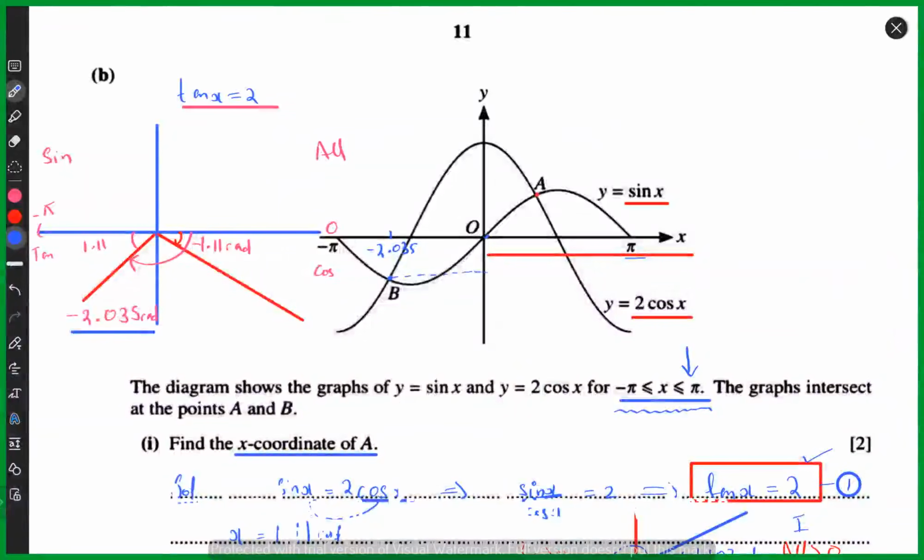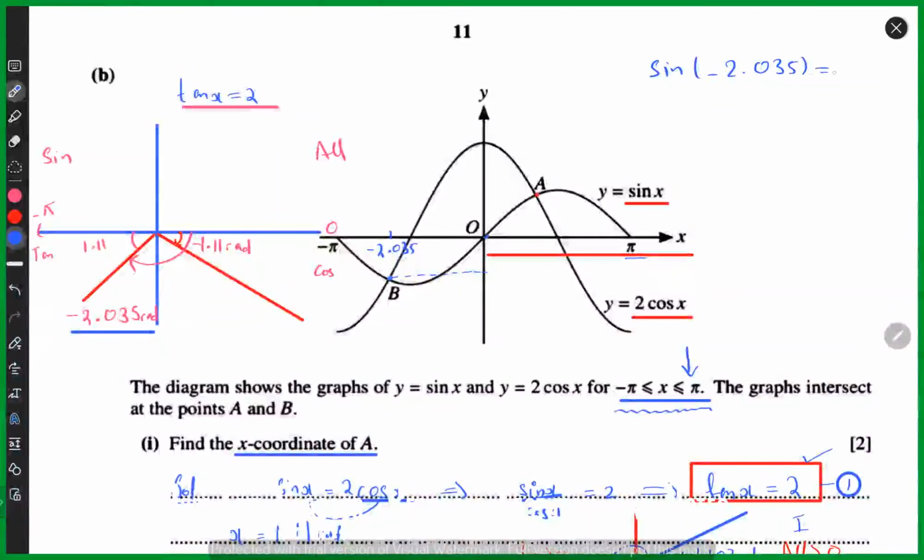So for sine, just press sine and then minus 2.035.